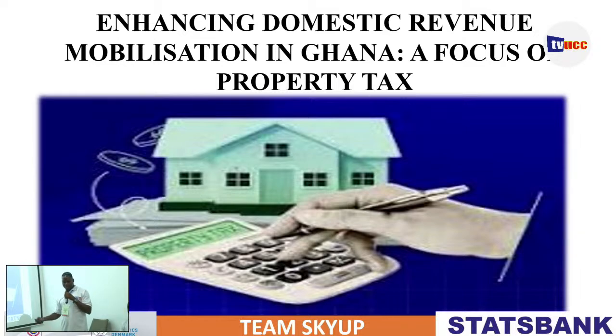So given the SDG target 17.1, that is encouraging African countries to leverage domestic revenue mobilization for economic growth, it was important for us to rely on data from Ghana Statistical Service, the StatBank, to project how Ghana can leverage the property tax to make more revenue.